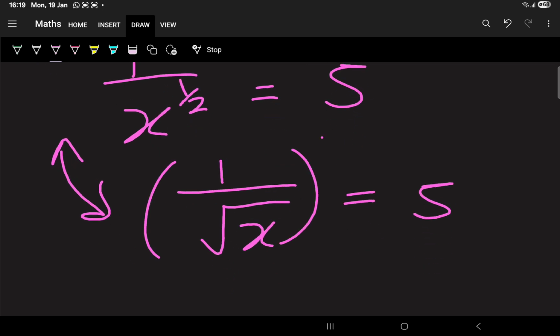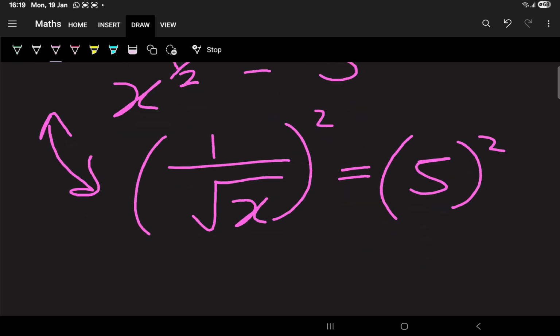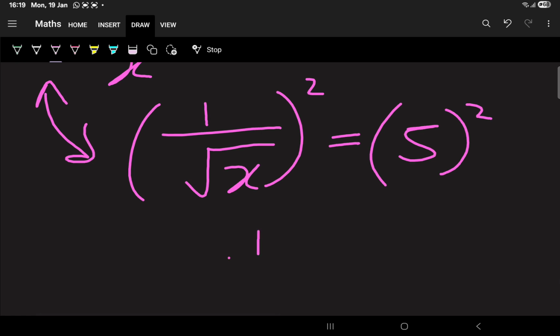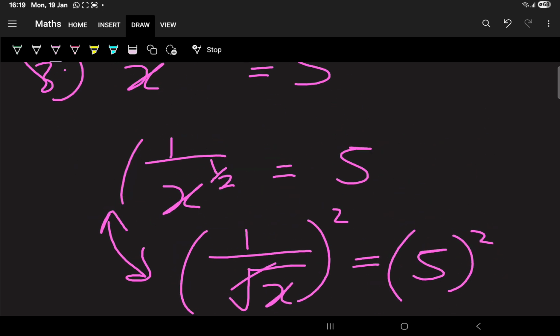Now we take the square of both sides, and this is going to be 1 over x, because the square is going to cancel the square root here, and this is going to be equal to 25. Similarly, if we had taken the square here also, the index here will multiply with the index here.